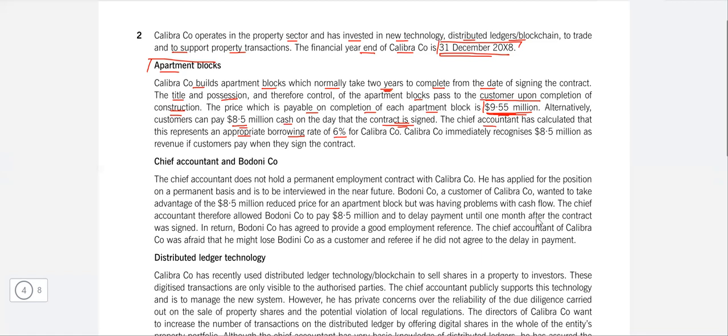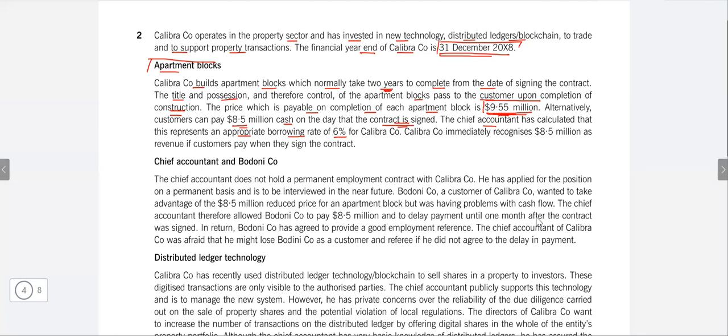For example, if you will be receiving the revenue by the end of the contract, you will be receiving one amount, and now you're receiving another amount at the start of the contract. So IFRS 15 says that there's a significant financing component involved, and you need to record the revenue based on the present values, because the amount you're getting now will be different from the amount you will be getting at the completion of the contract. So the difference between these two represents the interest cost.